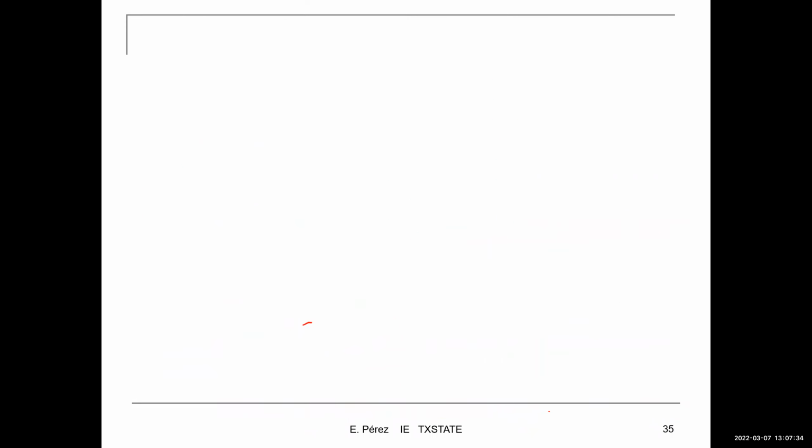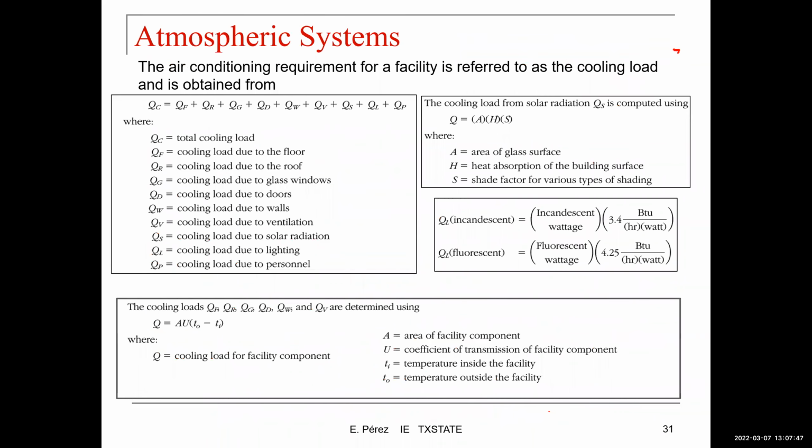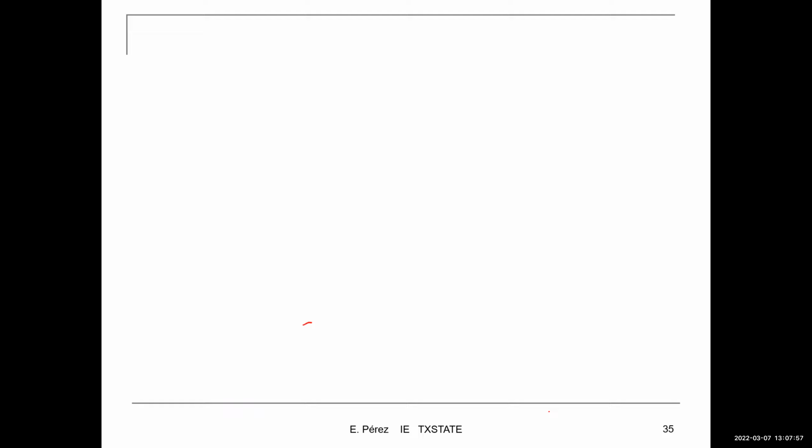Good. So QS. Now we still have 3 more pieces to account for: the lighting and the personnel. Okay, so let's look at that. Let's start with the lighting.